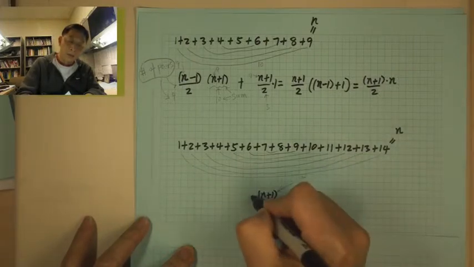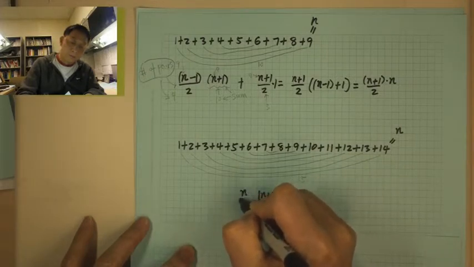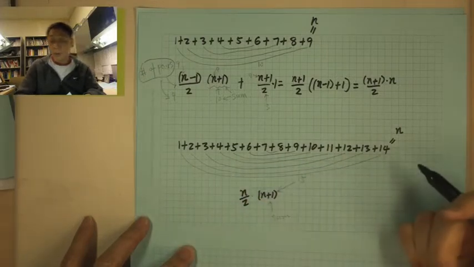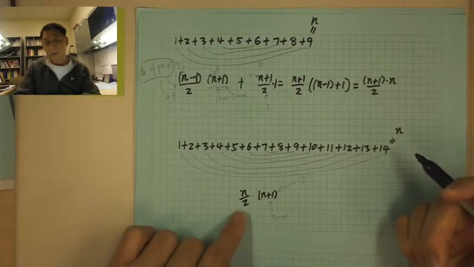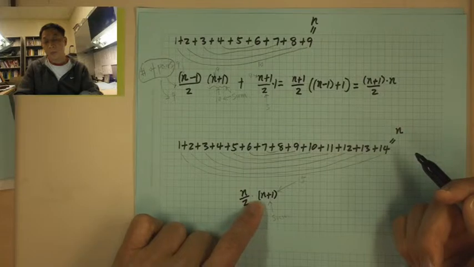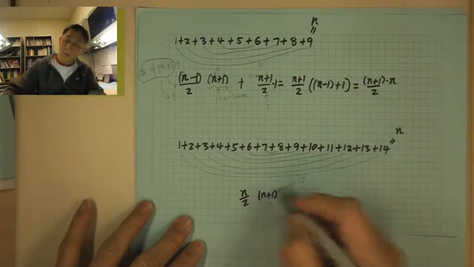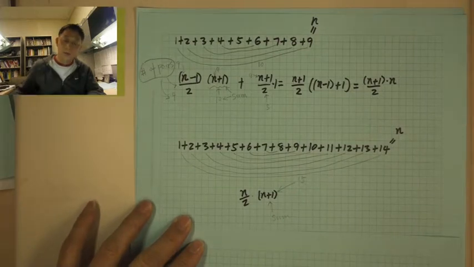So n over 2 is the number of pairs, and n over 2 times n plus 1 is the sum.